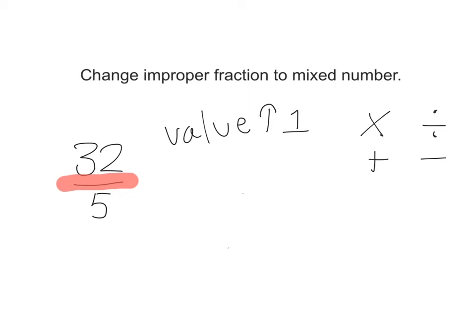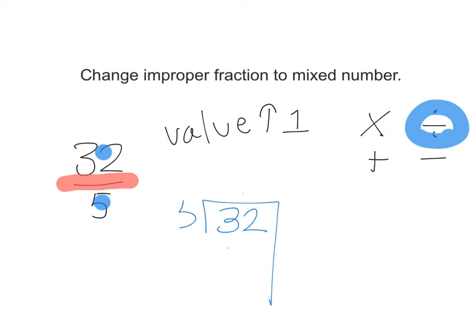We have our fraction bar, and we have 2 numbers. Do you see what operation we're representing? Hopefully you see it's division. The fraction bar is merely a division problem. This is 32 divided by 5.